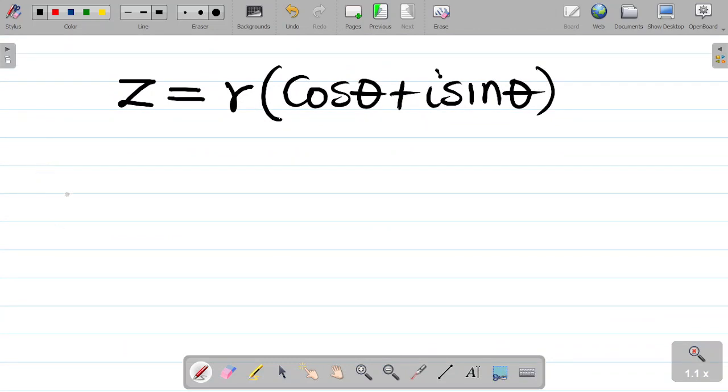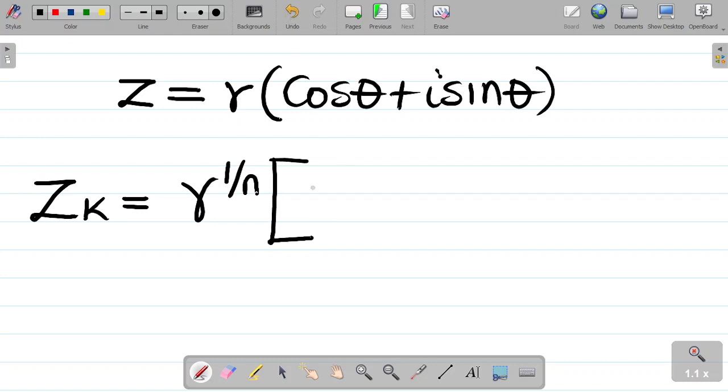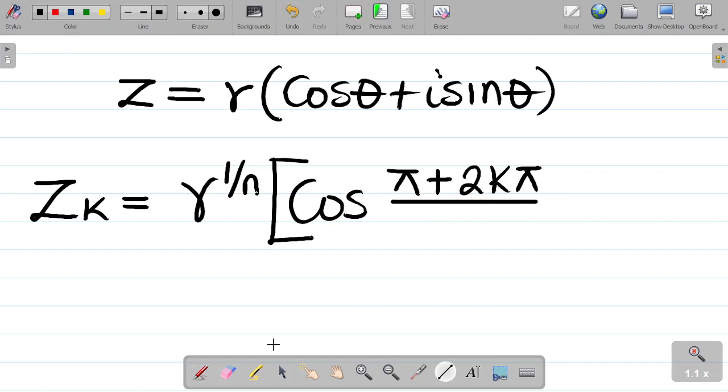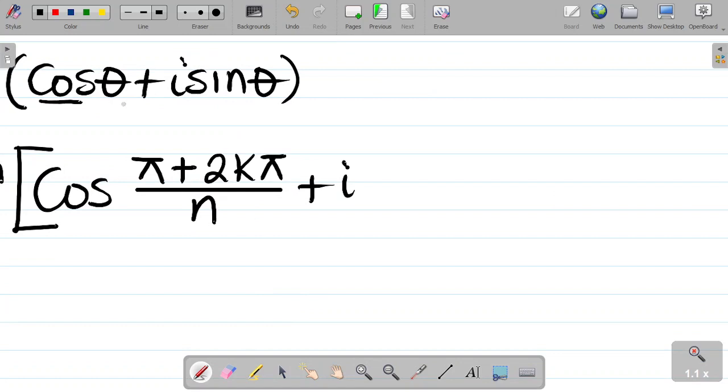So we can say the nth root of a complex number is given by the formula z_k equal to r to the power 1 over n, into cos of (pi plus 2k pi) all divided by n, plus i into sine of (pi plus 2k pi) all divided by n.